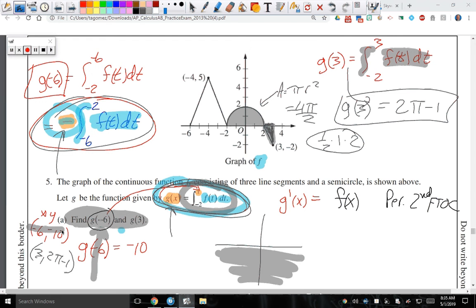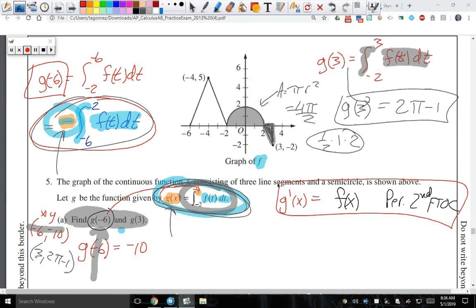Alright, so let me see, because I need to go to the question. The second question says find g prime of 0. I don't want to scroll up and lose all this work. Okay, guys. We started off this question knowing we were going to possibly use the second fundamental theorem.